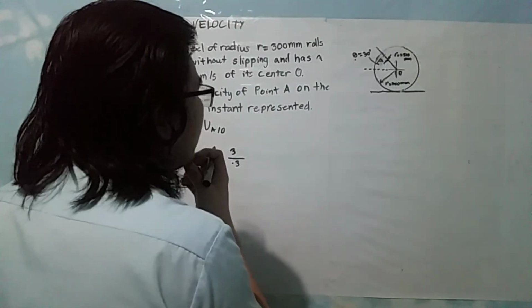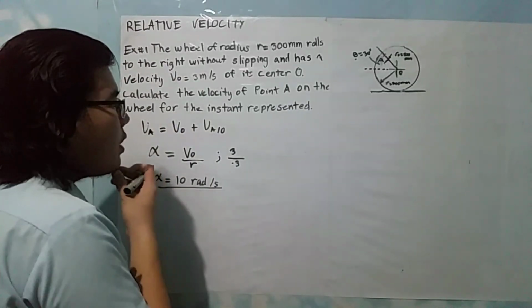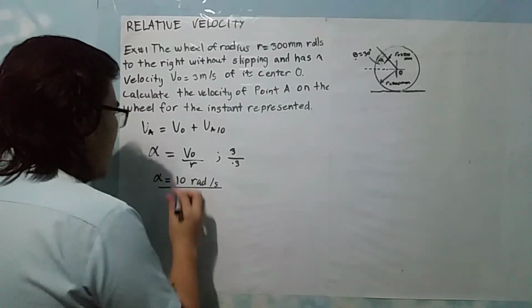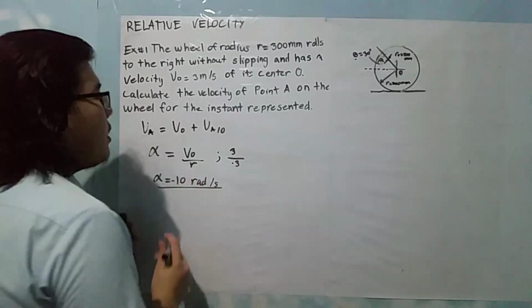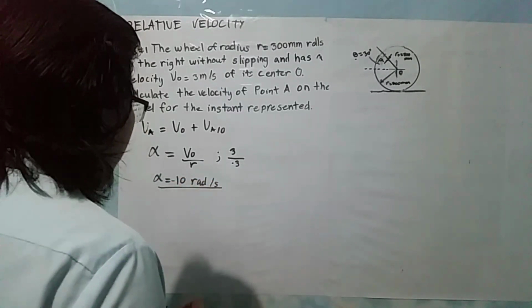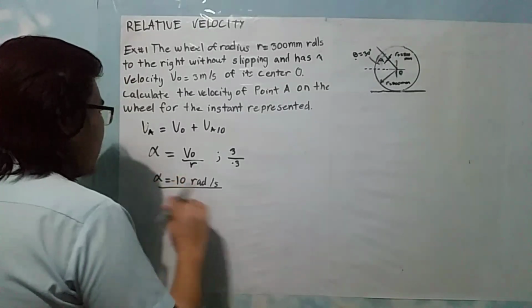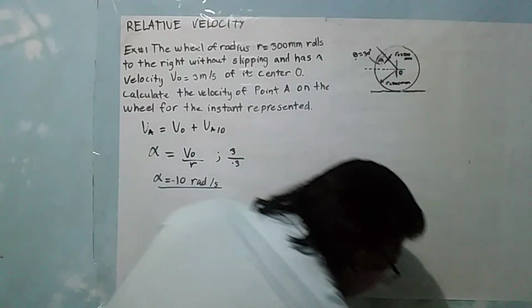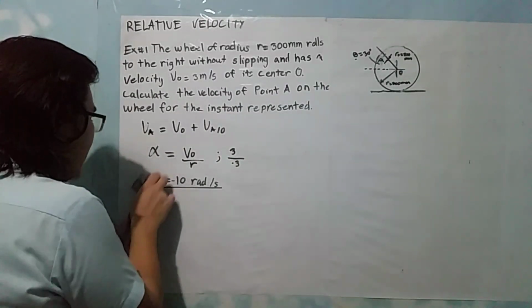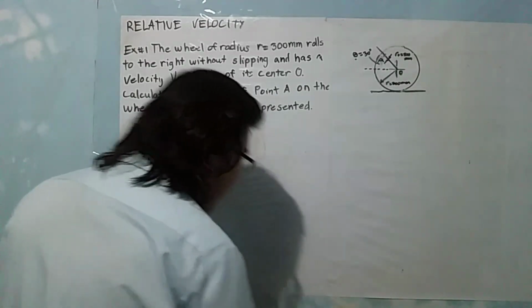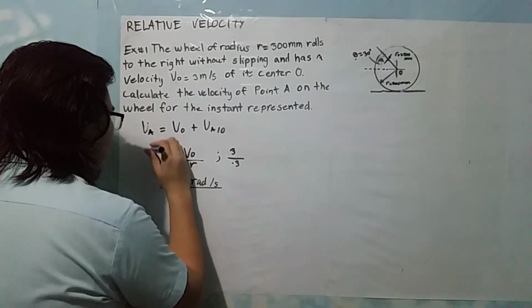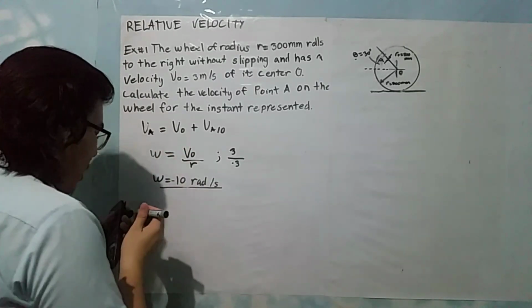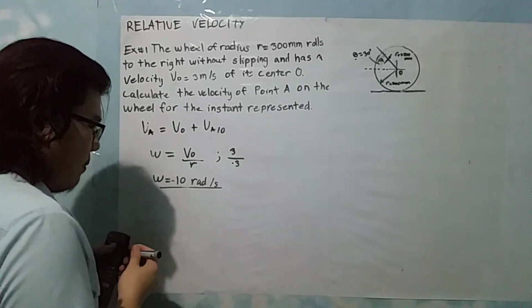Now this value of 10 rad per second will be negative because of the right hand rule, so we're going to put a negative sign beside it. Sorry, this is not the angular acceleration sign. This is omega, my bad. This is for angular velocity.